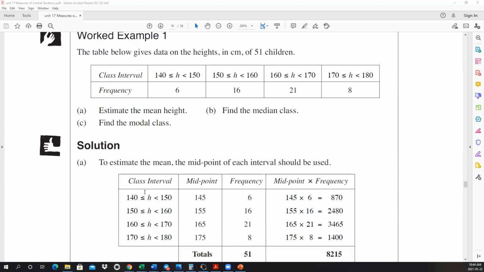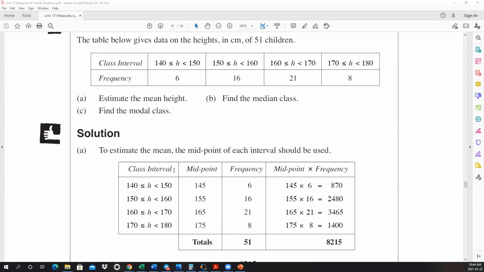So we have 140, 150, and you find the midpoint, which is 145, right? You go again, 150, 160, 155 is the midpoint, 160, 170, 165 is the midpoint.